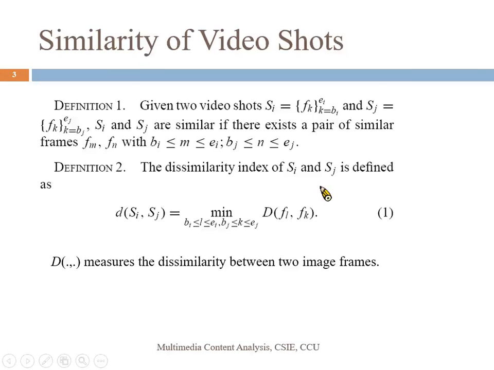Actually, the idea is quite similar. Given 2 video shots, SI and SJ, assume that SI begins at BI and ends at EI, and SJ begins at BJ and ends at EJ.